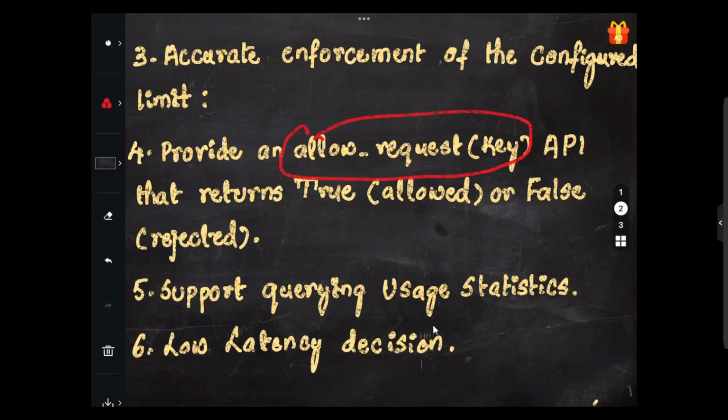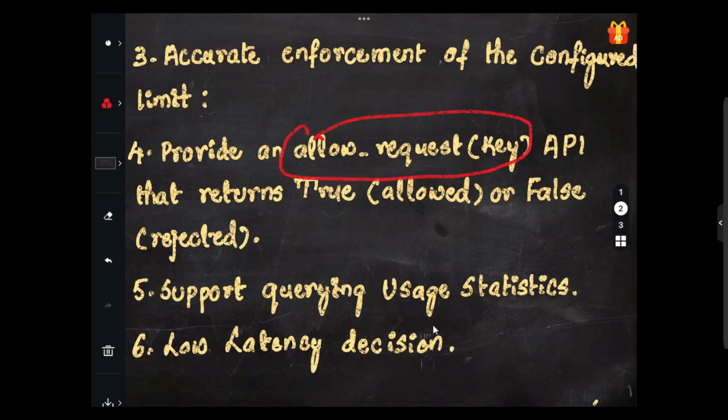So this is fine. Now, we have to know how the sliding window log works. For each key, we will keep a record of the timestamps when requests arrived.